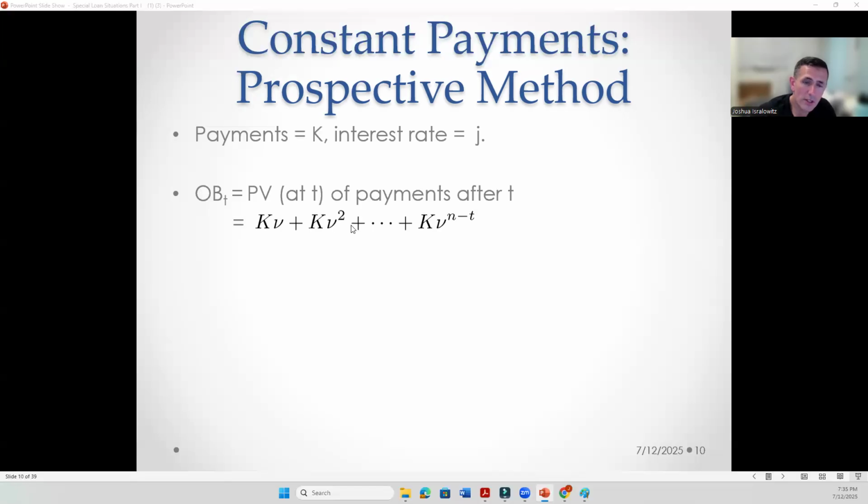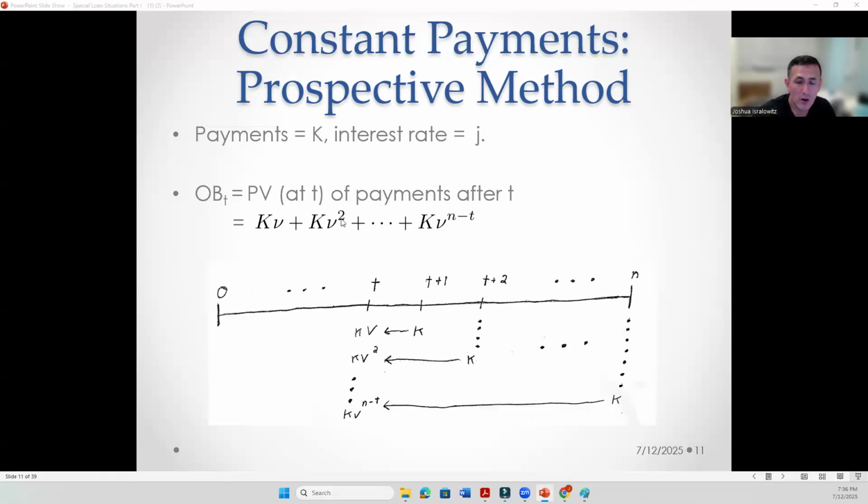All right, so what is this? Well, just take the present value of all these. I got distracted for a second. Here's a time diagram, easy peasy, like we had in the previous video. Just discount everything from T plus one onward appropriately.